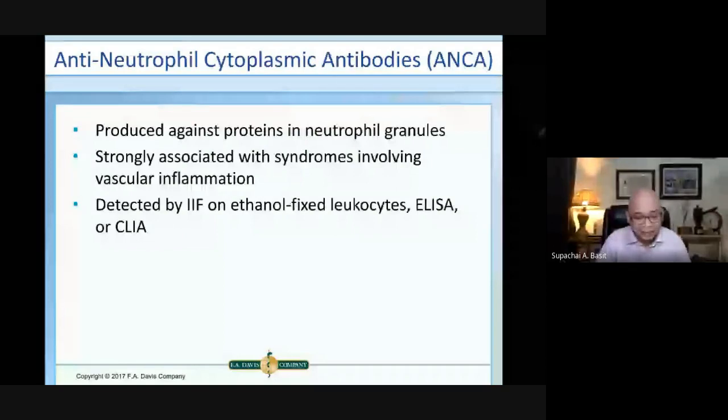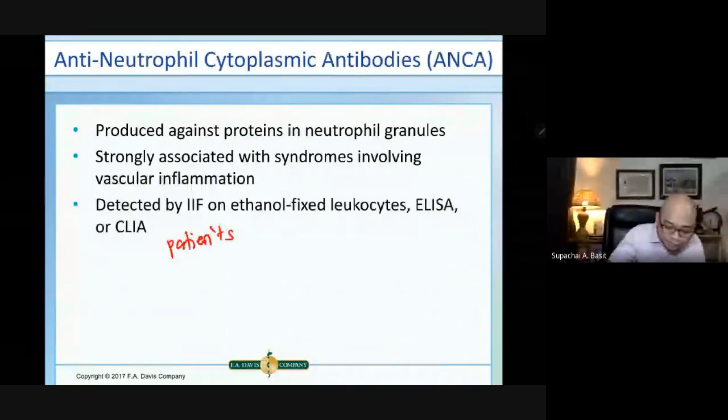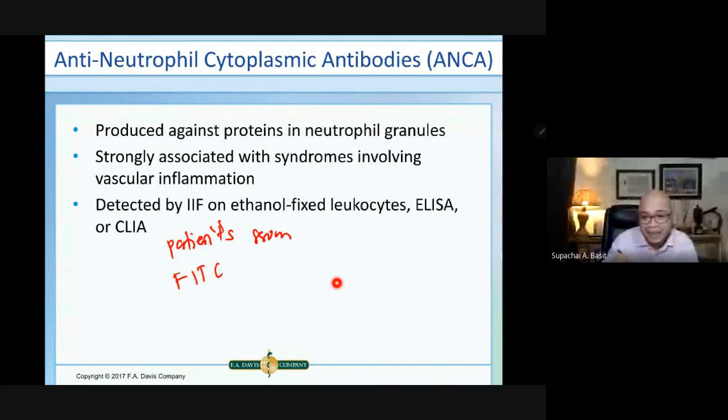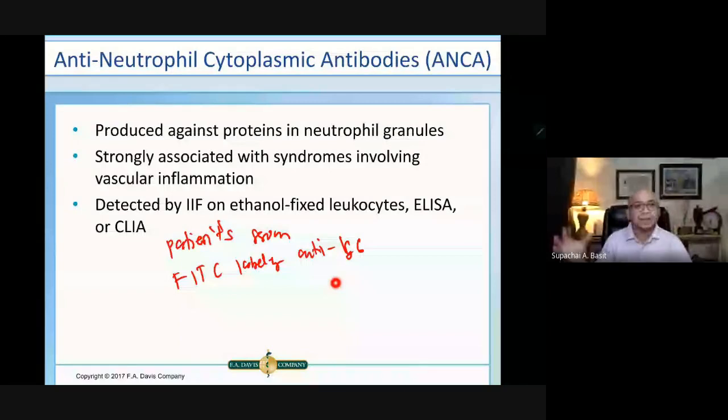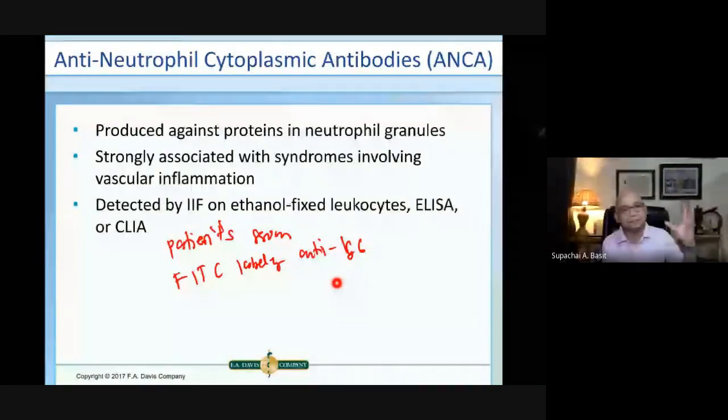So we are using patient serum, and we are also using fluorescein isothiocyanate conjugate labeled anti-IgG. Okay, and then we add it together, and then we look for the presence of neutrophils that glow in the dark.